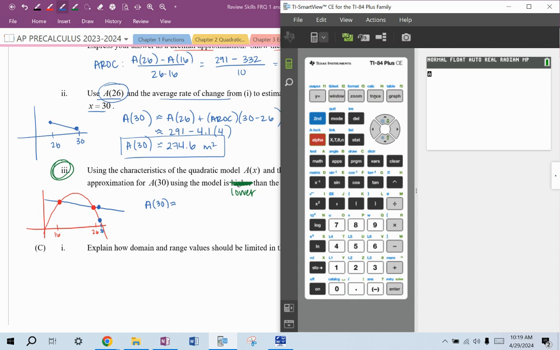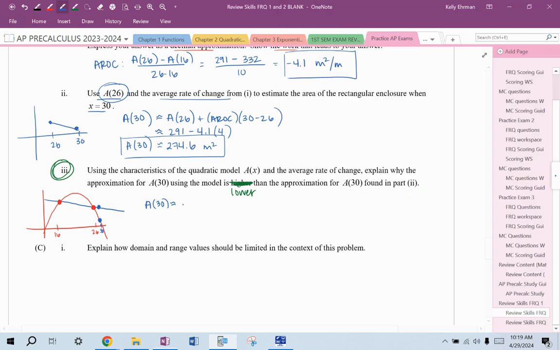So let's see what the quadratic says A of 30 should be using the model. So y1 of 30 only comes out to 88.556 compared to 274.6. So for this, I would say the model gives a lower approximation for A of 30.